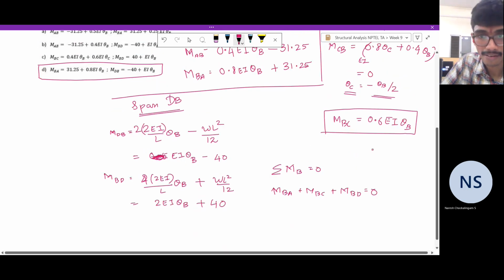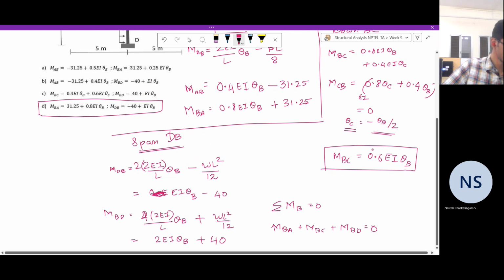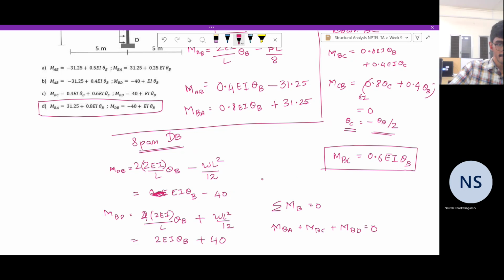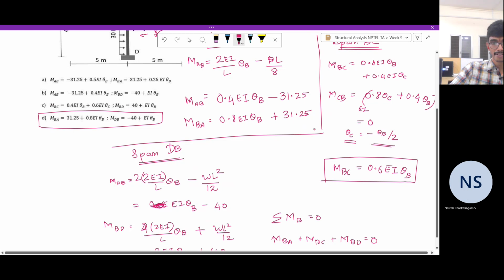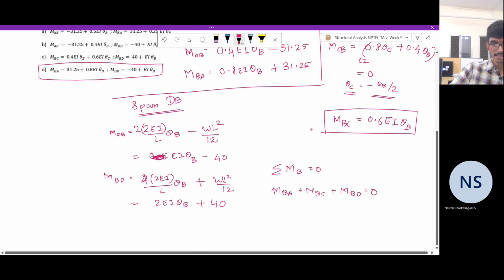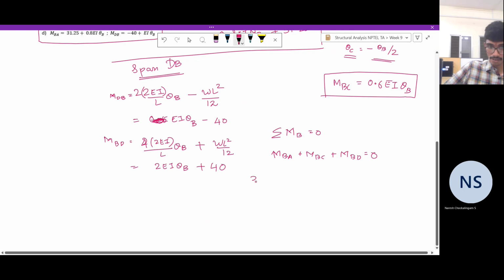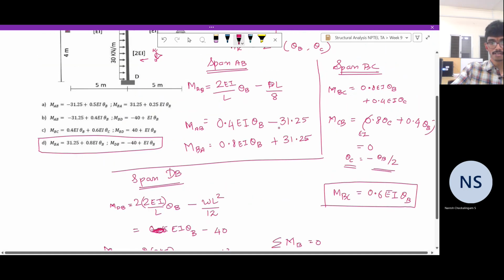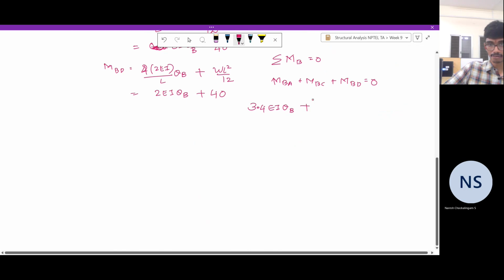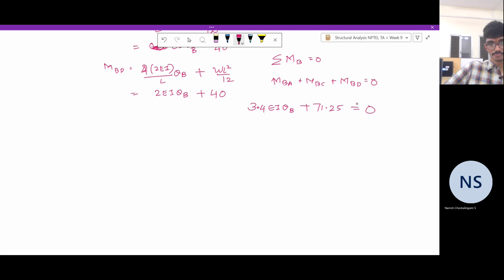So what is MBA? So let me write it down directly. The system that you get is 0.8 and MBC 0.6, so 1.4. 1.4 plus 2 is 3.4 EI theta B. Plus we have 40 plus 31.25, which is 71.25, is equal to 0.